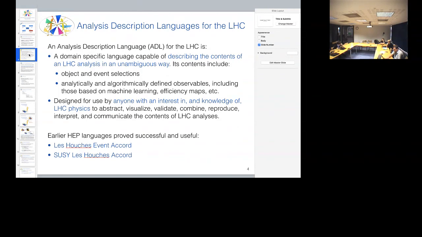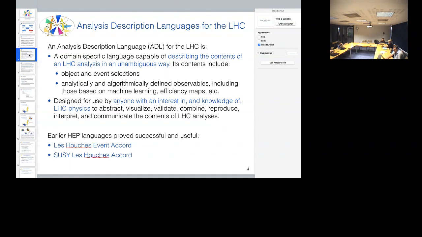It would also presumably describe, both analytically and algorithmically, observables, for example the RISD observables, including those based on machine learning, efficiency maps, etc. Essentially all the elements that comprise analyses at the LHC.